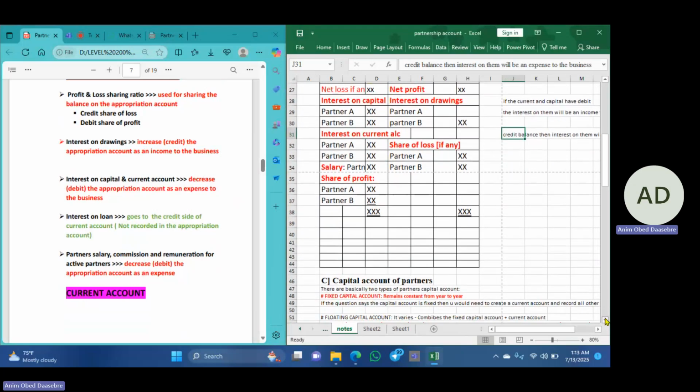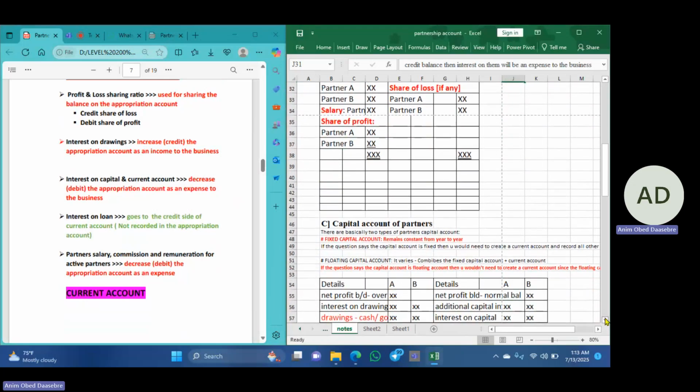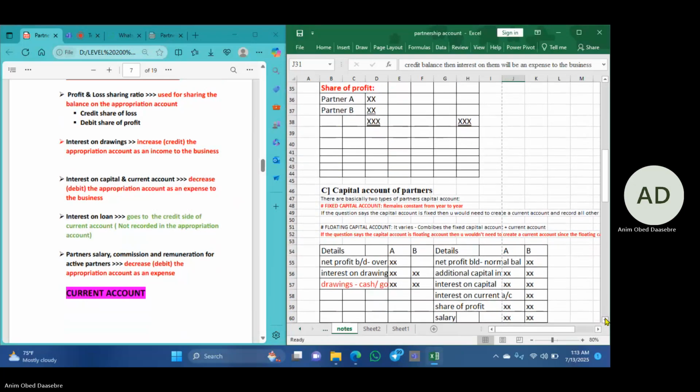All right. So now we are moving toward the capital accounts of partners. With the partners' capital accounts, basically we have two categories.